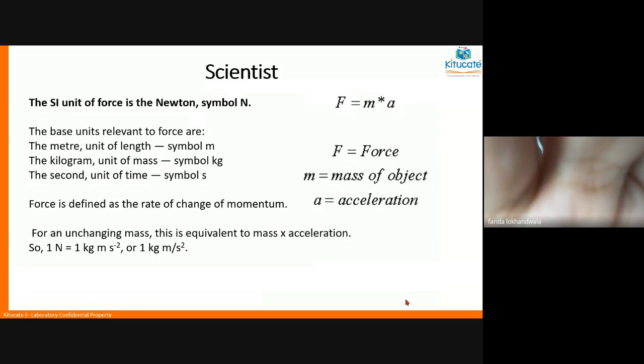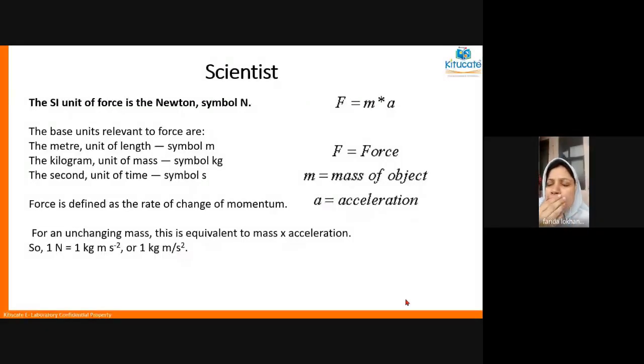Let's take another example. Area, volume. What else do you all know? Which other quantities do you know? Any other formulas you know? You all know the formula of density?